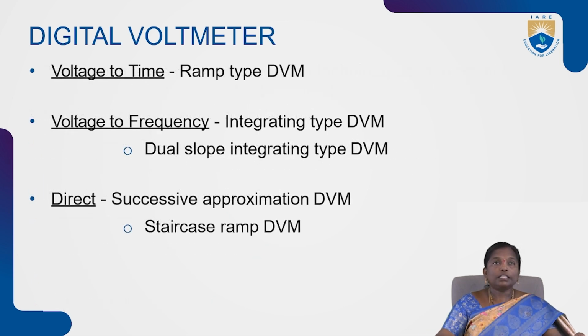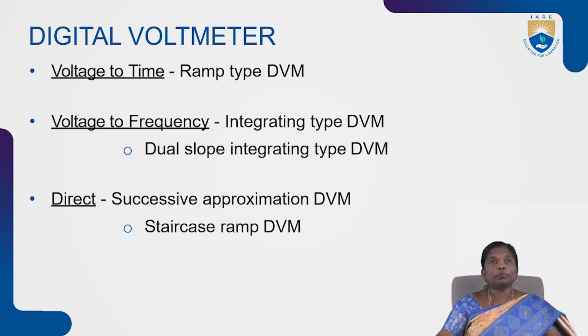We have three main types of digital voltmeters. One is the voltage to time converter, another is the voltage to frequency converter, and the third is direct measurement of voltage. In the voltage to time converter, we have one type of voltmeter called the ramp type DVM. In the voltage to frequency converter type, we have two types: the integrating type DVM and the dual slope integrating type DVM.